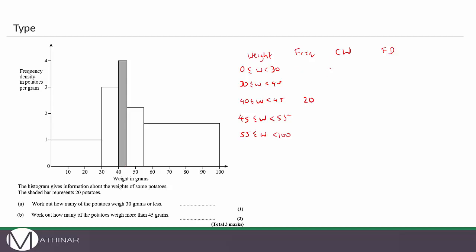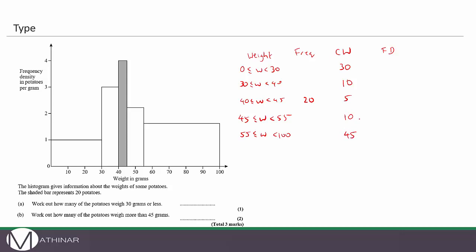The class widths, we can figure these out. So we have 30 take away 0, so 30. 40 take away 30 is 10. 45 take away 40 is 5. 55 take away 45 is 10, and 100 take away 55 is 45.